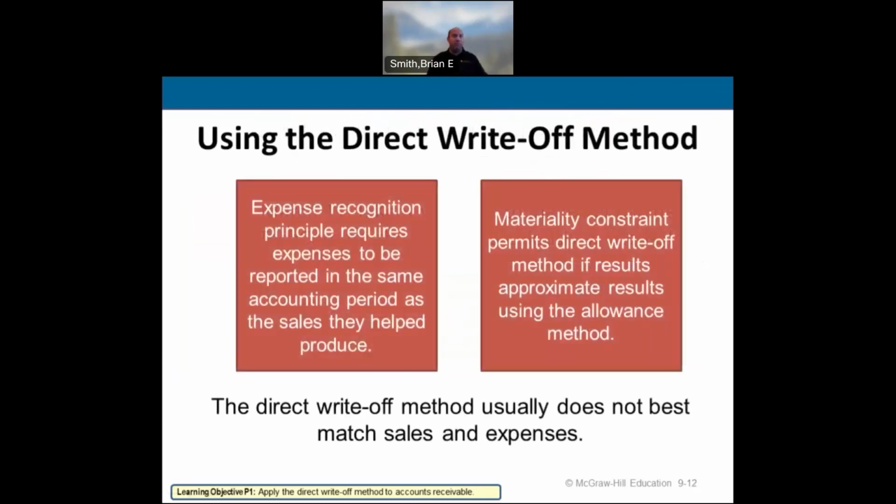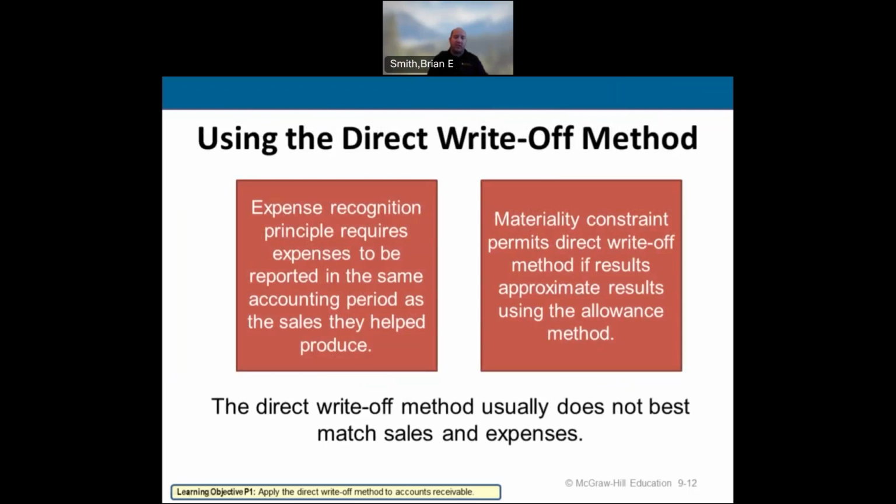All right. So using the direct write-off method violates the expense recognition principle and likely the materiality constraint. So it says that we could use the direct write-off method if the results are similar to what you would do during the allowance method.